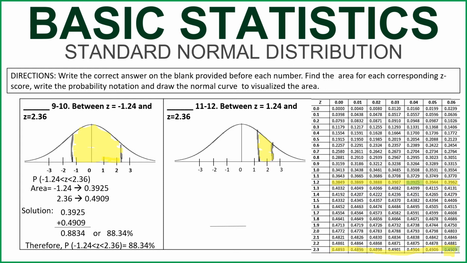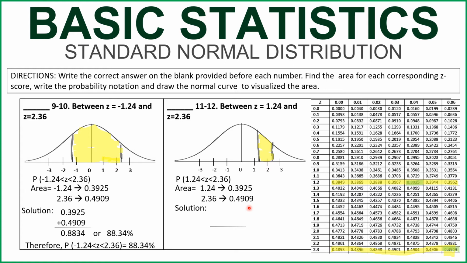So, na-shade na natin. So, i-turn natin into symbol yung given natin. So, that is z is greater than 1.24 but less than 2.36. Since nakuha na pala natin yung area, rewrite na lang natin, that is 0.3925 and 0.4909.